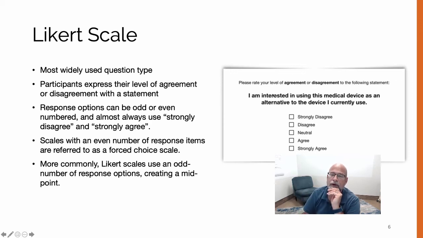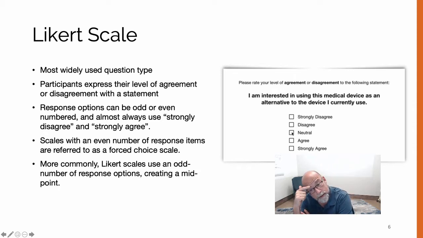As you can see here, the statement is, I'm interested in using this medical device as an alternative to the one I currently use, and the options range from strongly disagree all the way to strongly agree. One thing you'll notice in this 5-point scale is they have a neutral option. Because there's an odd number of responses, you can actually choose a neutral.